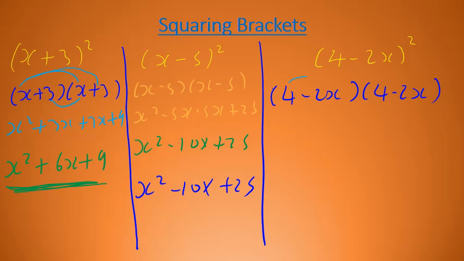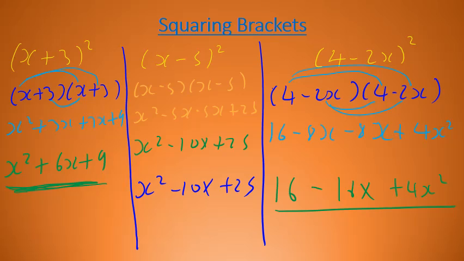So 4 times 4 is your 16, 4 times negative 2x is your negative 8x, negative 2x times 4 is your negative 8x, and negative 2x times negative 2x is 4x squared, but remember two negatives make a positive. So if I now tidy this up, that's going to be 16, minus 16x, and plus 4x squared.